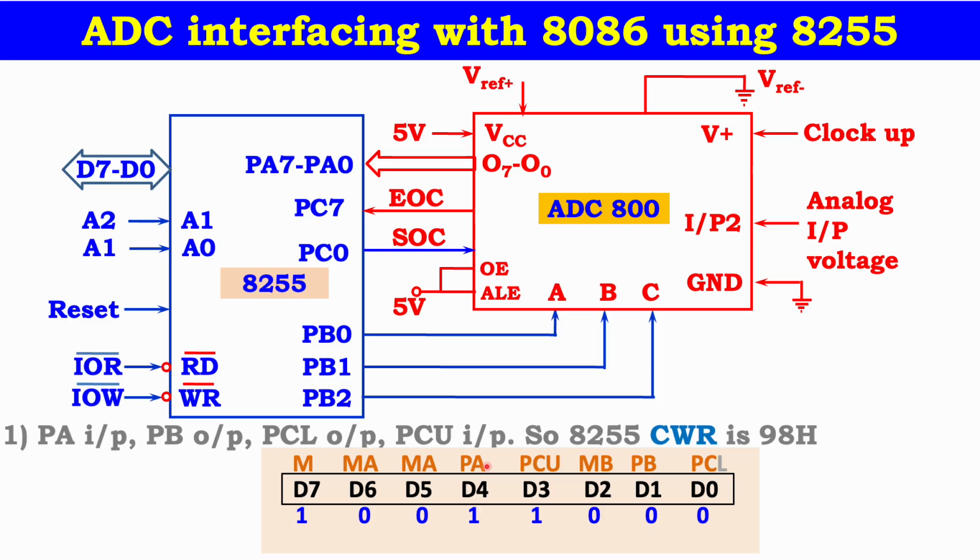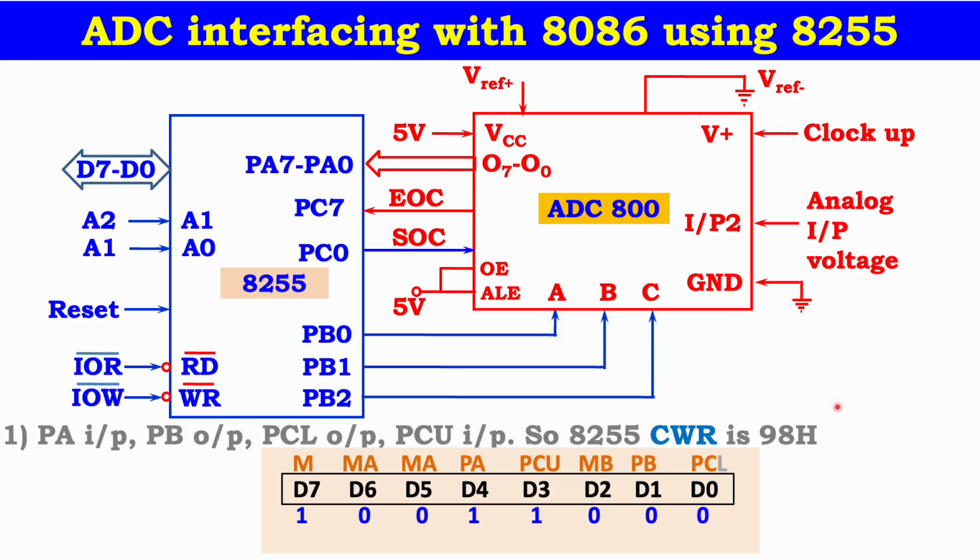Port A as an input port, port C upper input port, mode of port B is mode 0, so 0, port B is output mode 0, port C lower also output, so it is 0.